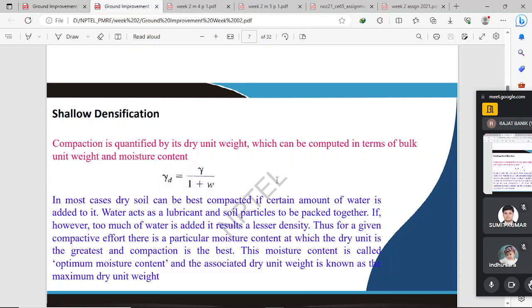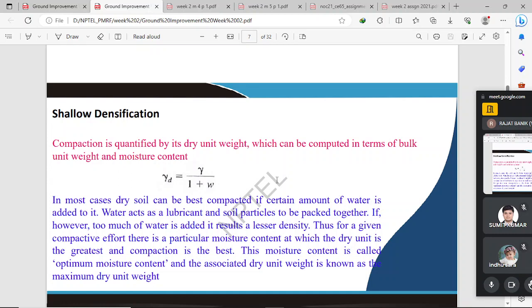Water acts as a lubricant. If water is applied in some amount, the particle to particle friction is reduced, the particle resistance is reduced, then particles easily come closer, pack very close, reduce the volume and expel the air voids in the soil.